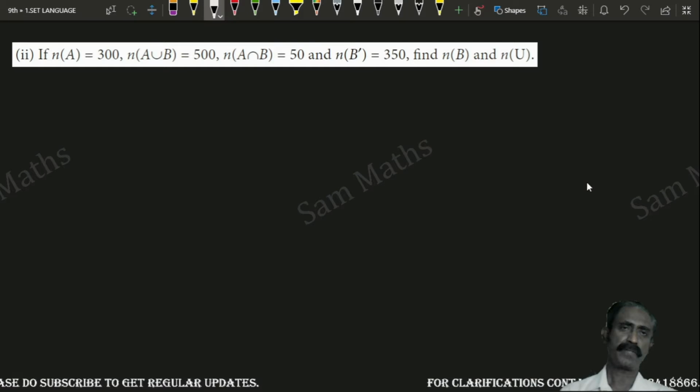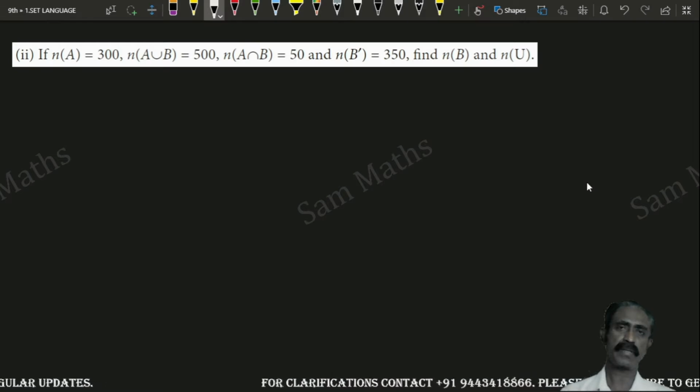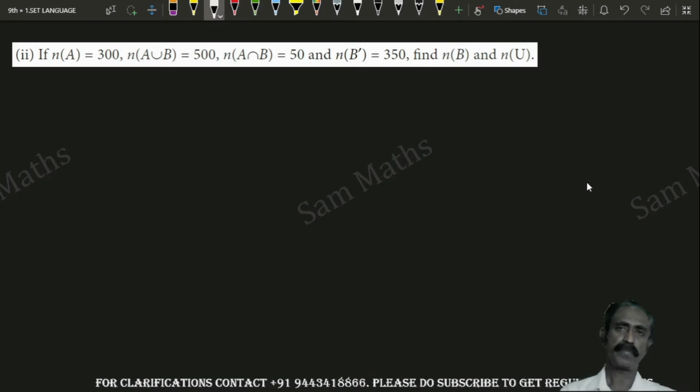Second subdivision: if n of A is equal to 300, n of A union B is 500, n of A intersection B is equal to 50, n of B dash is equal to 350.